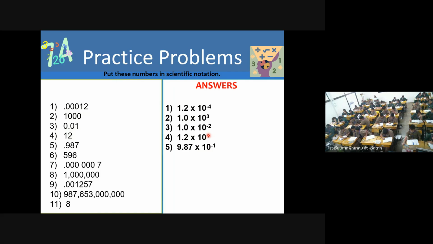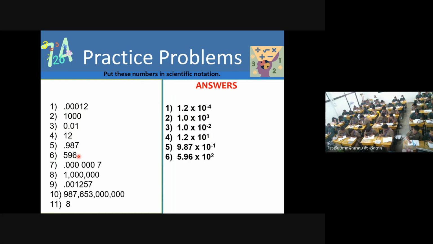Next. Number 6. What is 596 in scientific notation? 5 point... What's the answer? 5.96 times 10 to the power of 2.